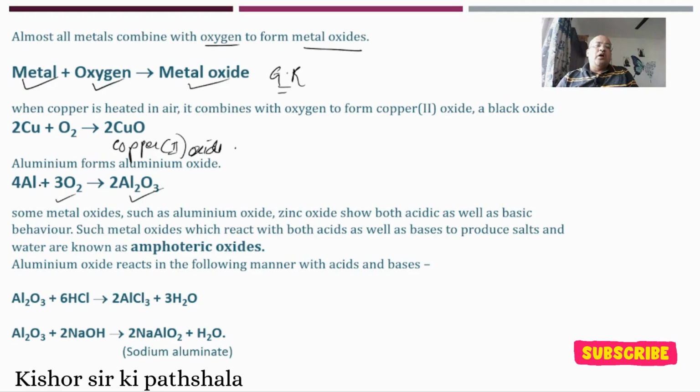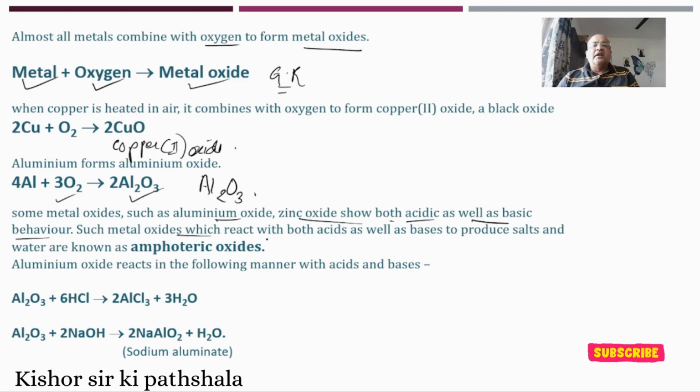Students, I'm sure you know how to balance the given chemical reaction. This is Al2O3. Now you'll see that some metal oxides such as aluminium oxide and zinc oxide show both acidic as well as basic behavior. Why so? Let us see.